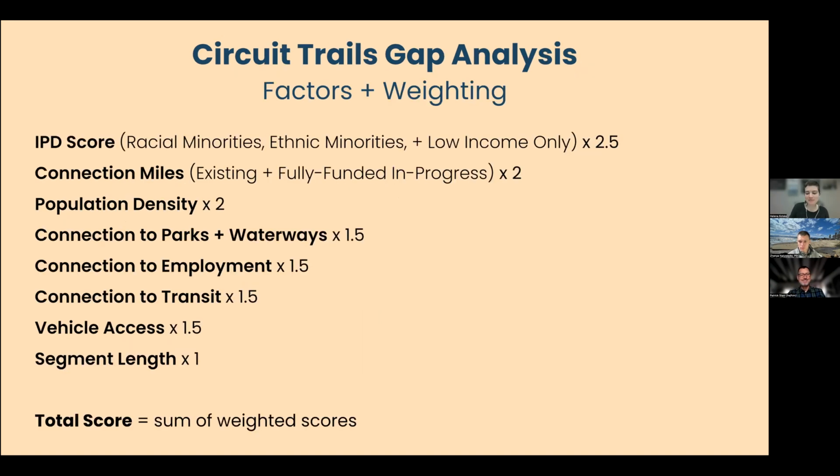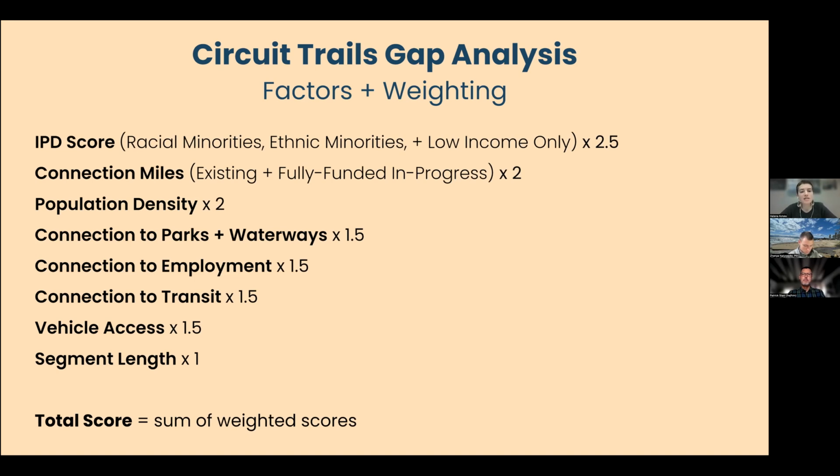Thanks, Patrick. So before we dive into the tool itself, I do just want to briefly go over a little bit of the methodology that we used to come up with the scores in the gap analysis. This information is also in an information panel on the tool and in our Circuit Trails gap analysis report.